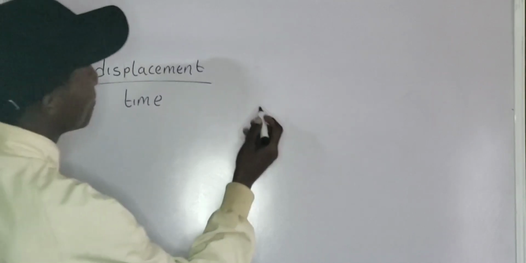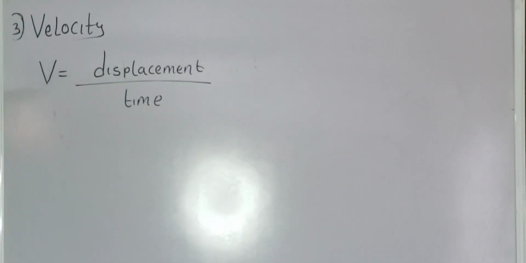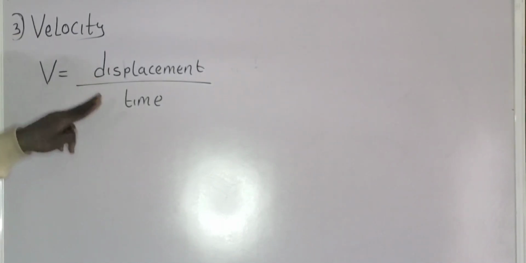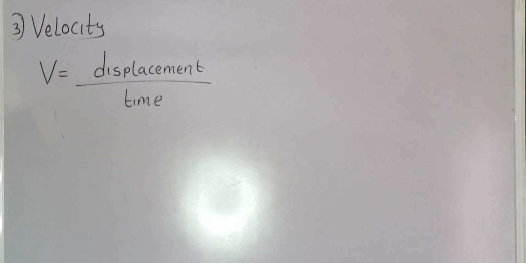Now, when you are given a question and the magnitude of the distance is given and the direction is given as well, that means that we are talking about velocity. Are you getting what I'm saying? So velocity is expressed mathematically as displacement all over time.